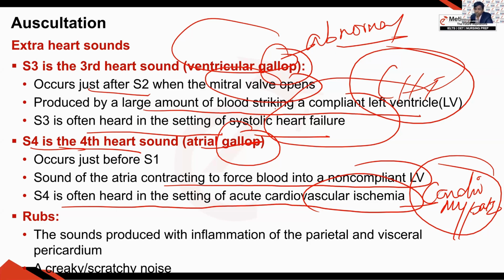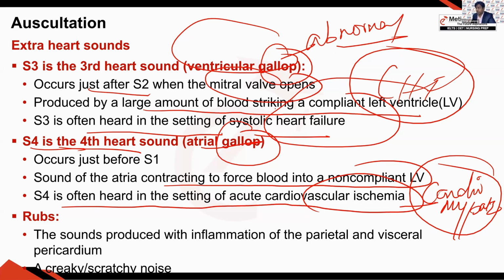In some athletes, sports persons, S3 sounds are normal. They are considered normal for young adults around 30 years, strong athletes, not for everyone. Their heart rate will be borderline only.